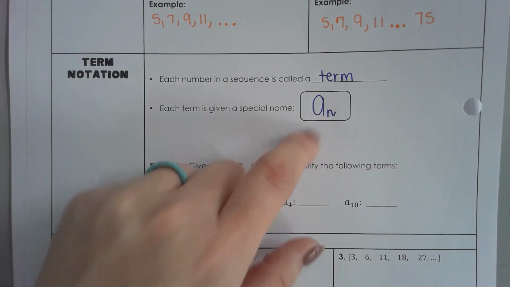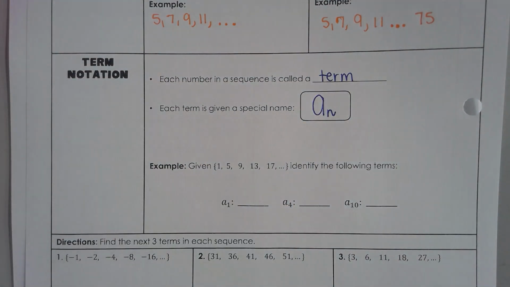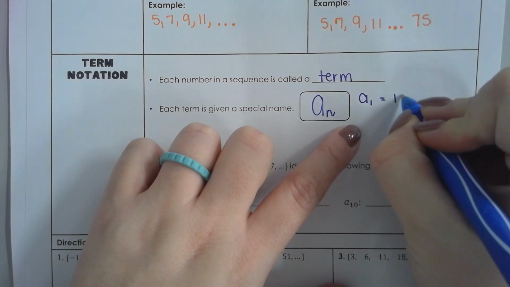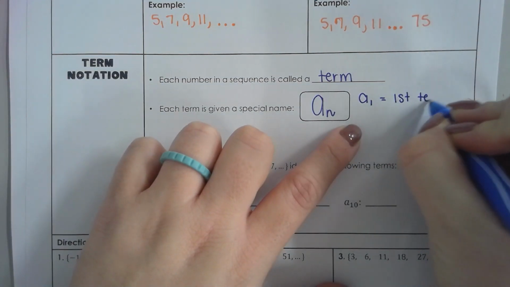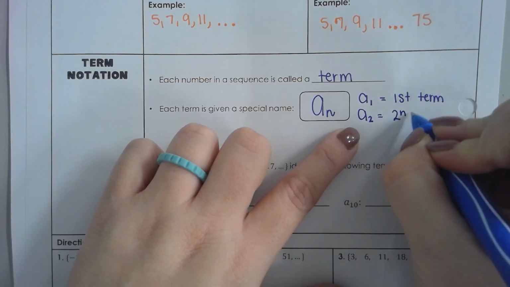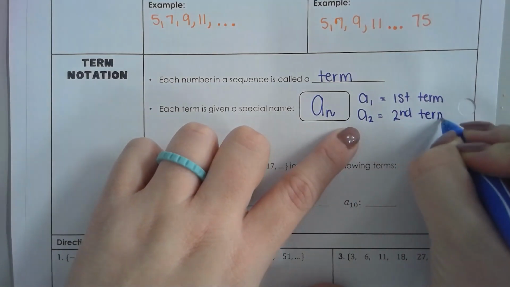That n could be any number. So, for example, a with a little 1 is the first term. a with the little 2 is the second term, and so on.